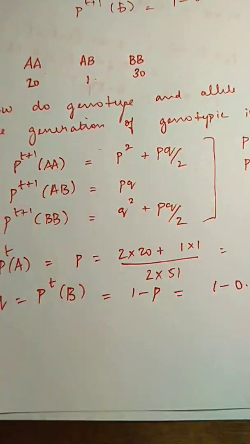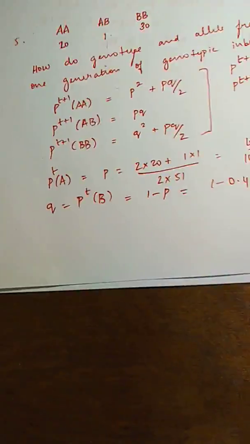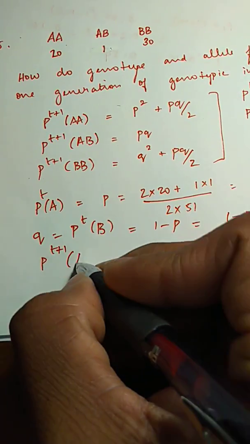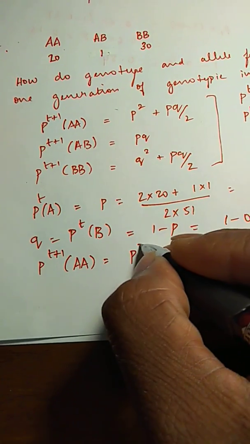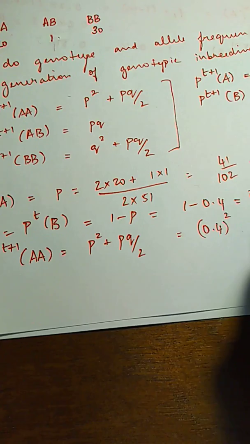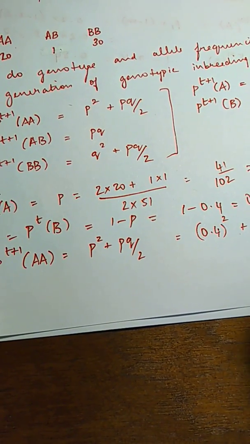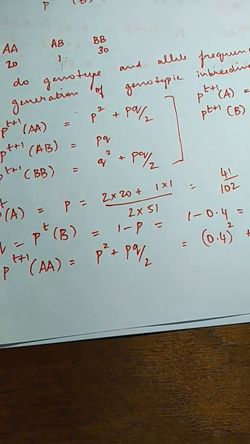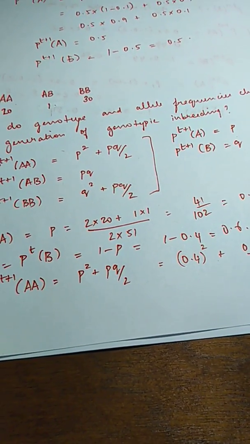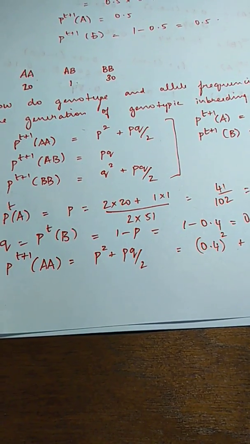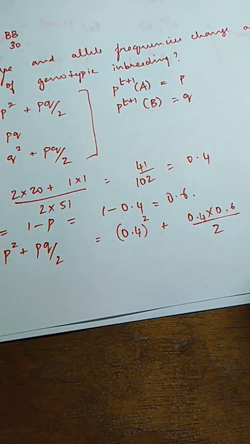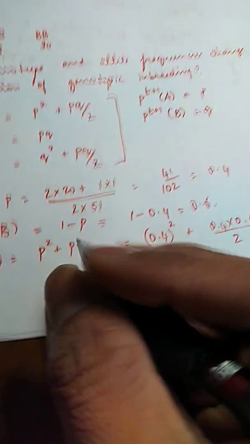All you've got to do now is compute these by plugging in the values. So let's do that. The frequency of AA at t plus 1 is just p squared plus pq over 2, which is 0.4 squared plus 0.4 times 0.6 divided by 2, which is equal to 0.34.